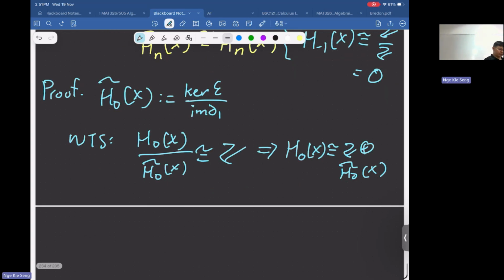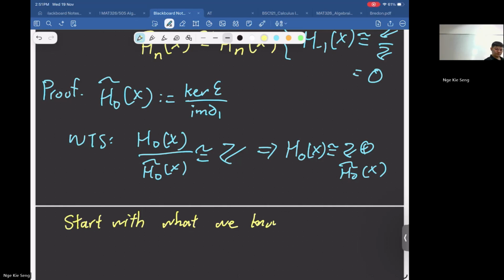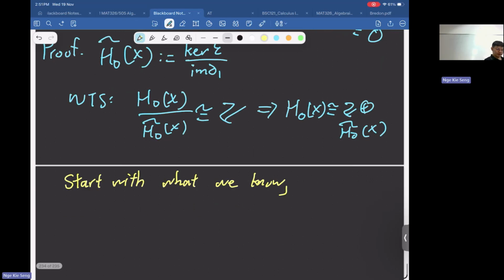Maybe start with what we know first. We know that there's a map from C naught x to Z by this epsilon.